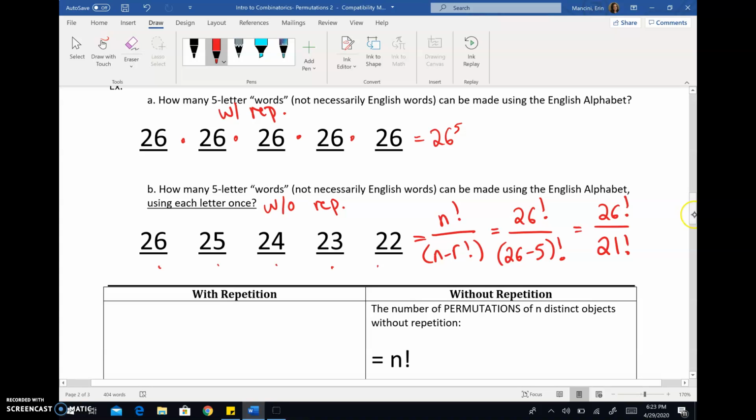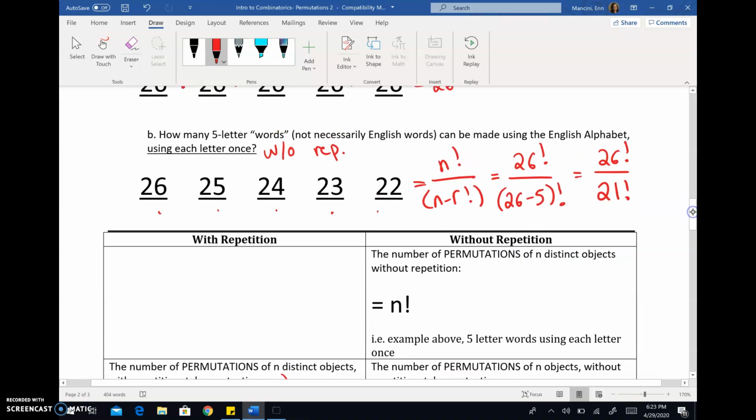By definition, and I'm going to have to run along here, sorry about that, 26 factorial is 26. I'm just using the space that I have. Sorry, this doesn't actually go in this box. 26 factorial would go all the way down till you get to 1. I'm doing the dot dot dot because I don't feel like writing it all. That's the numerator here, 26 factorial.